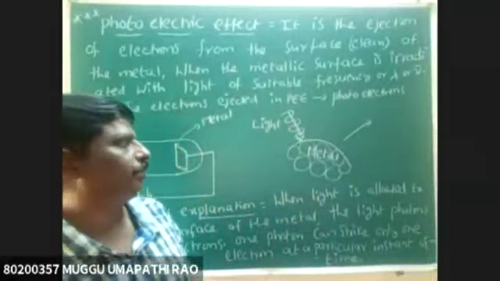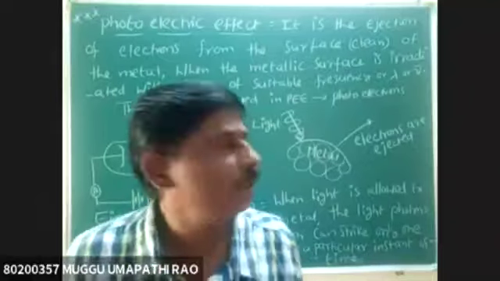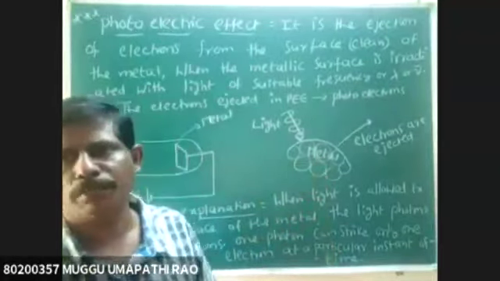This observation is called the photoelectric effect. What is the photoelectric effect? When light of suitable frequency is allowed to fall on the surface of metal, then electrons are ejected from the surface of the metal.